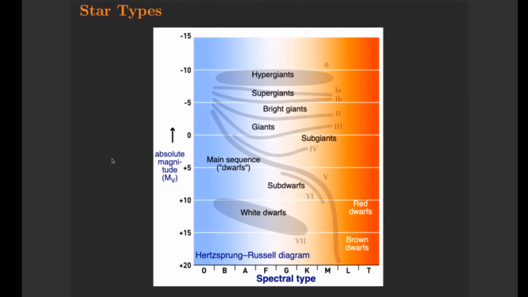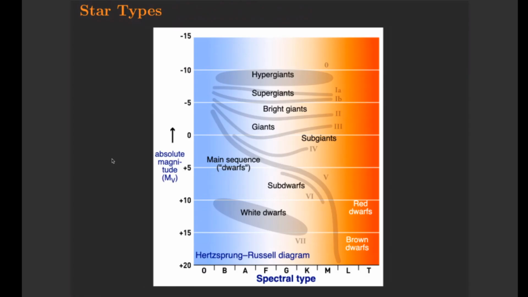I wasn't sure if I should show this one, so let me just be brief. This is just showing you some of the terminology in the astral world. The colors of the stars, in the early days, they used letters O, B, A, F, G, K, M, L, T to categorize the different star temperatures or colors. And the absolute magnitudes also have different names.